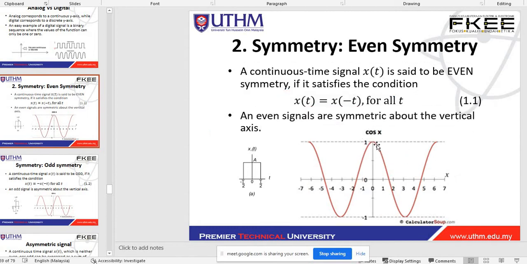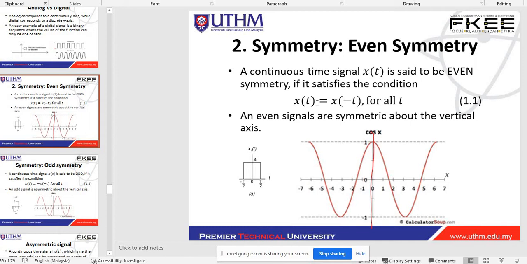So for even symmetry, if you put a mirror at the y-axis, then you will get the other half of the signal. Do you get what I mean here? This is the cosine signal. If you put a mirror at the y-axis, you will get the negative part of the signal.